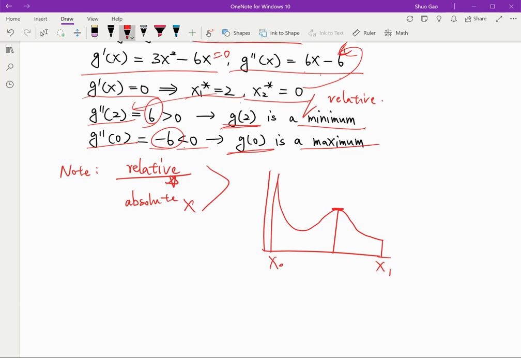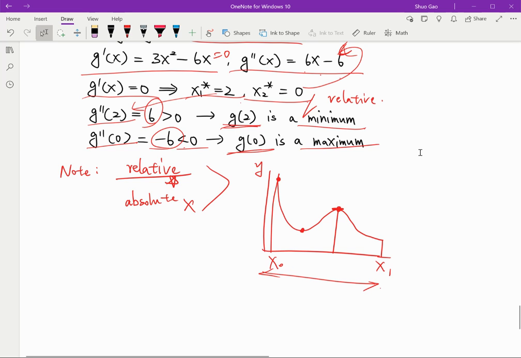It's not the maximum value along the domain from x0 to x1. The maximum should be here, because this is where y gets the largest value along the domain. So although we have a relative maximum here and a relative minimum here, we cannot say they are the absolute maximum and absolute minimum.